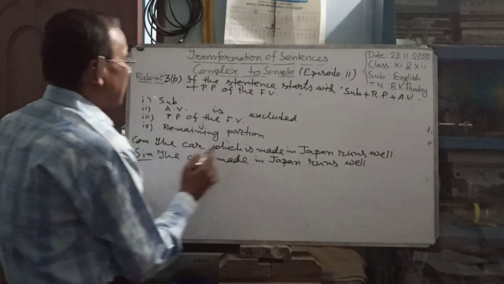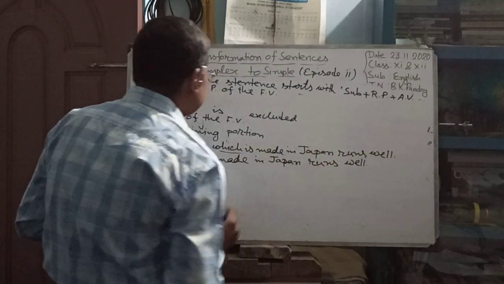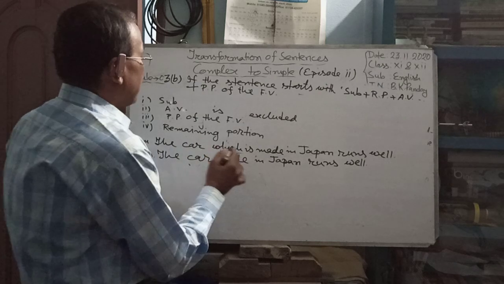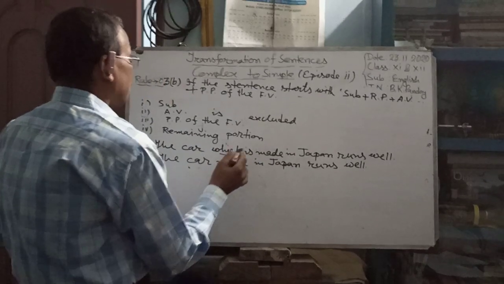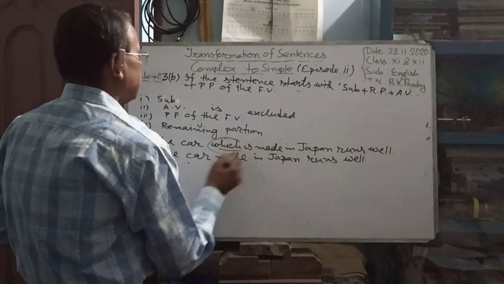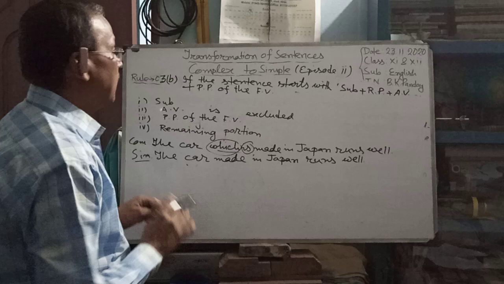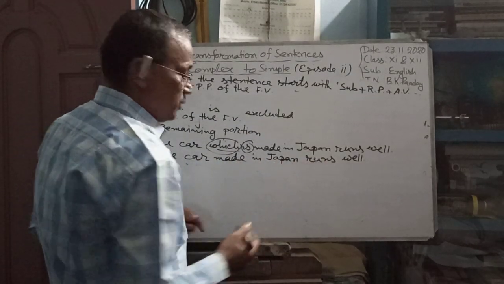For example, the car which is made in Japan runs well. Here, which is the relative pronoun and is is auxiliary verb. So, we have to exclude which and is. And others are same. The car made in Japan runs well.